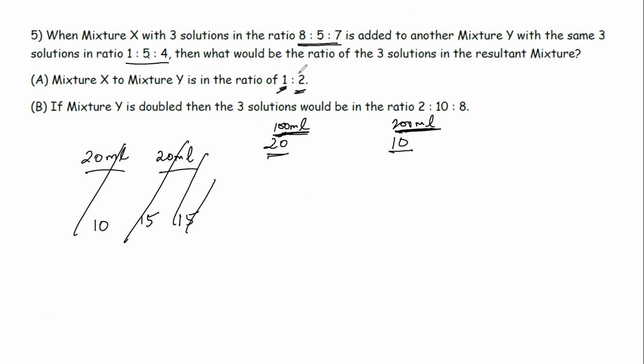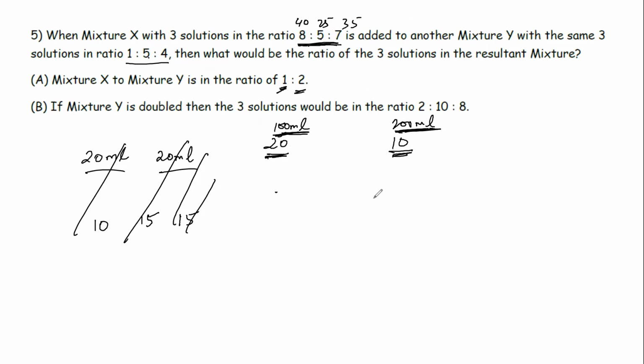So we have 20 parts, and that is 10 parts. So 20 is 5 times: 8 fives are 40, 5 fives are 25, 7 fives are 35.